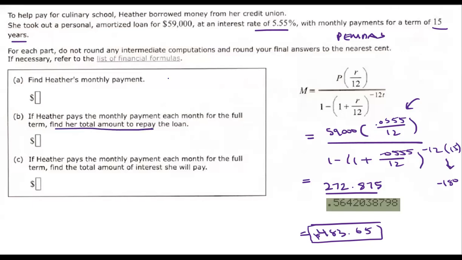So we just take the 483.65, okay? And then we're going to multiply that by 12 months in a year, and then she's doing this for 15 years. So her total repayment is going to be $87,057. Okay, so that's her total repayment there.